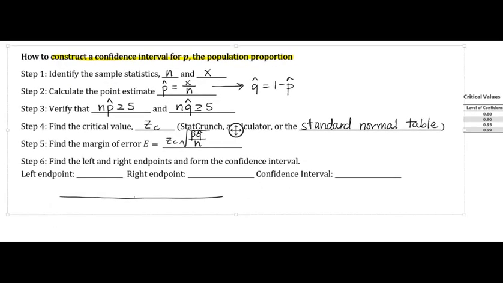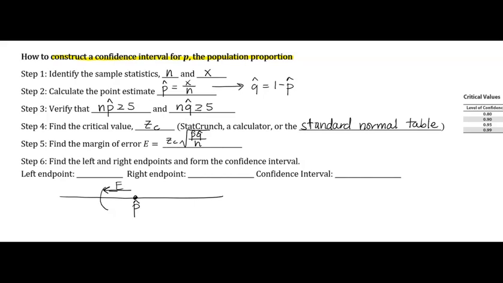Remember, for this confidence interval, we're starting with the point estimate, which was p hat. Let's start with the left endpoint. To find the left endpoint, we're going to take that margin of error and we're going to subtract it and move that distance to the left.